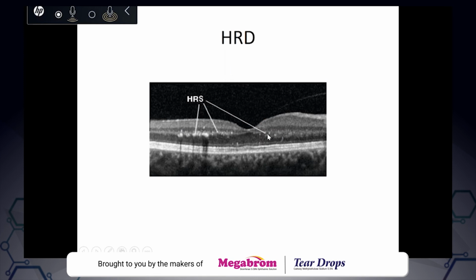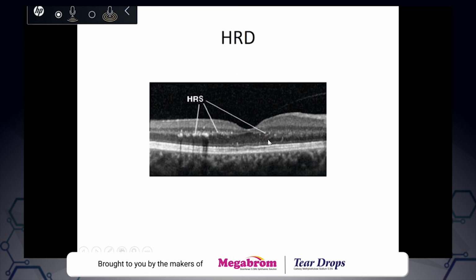But look at these small spots. These are hyperreflective spots. So you have to differentiate hard exudates from these hyperreflective spots. These hyperreflective spots may be present in patients with diabetic macular edema. Whenever these hyperreflective spots are there, which are not hard exudates, they are usually seen in the outer plexiform layer, but may be distributed through the entire retina. So when they are there, it suggests an inflammatory role for this diabetic macular edema, and your intravitreal dexamethasone may be more useful than anti-VEGF agents in treating.